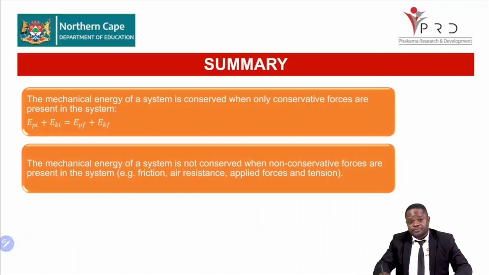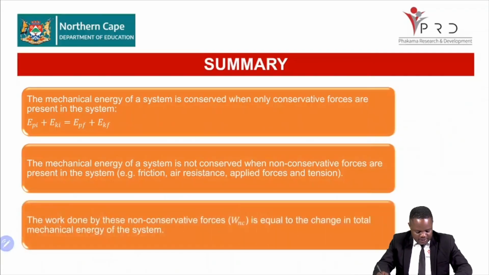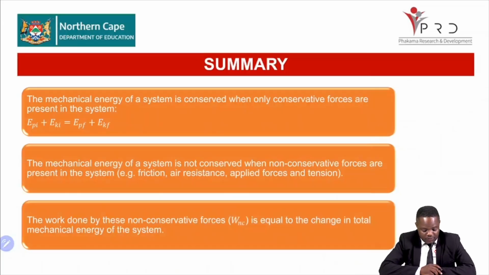When there are non-conservative forces, the mechanical energy of our system will not be conserved. Also remember that the work done by the non-conservative forces is equal to the change in mechanical energy of our system. And the net work done on an object is equal to the change in kinetic energy of our system.